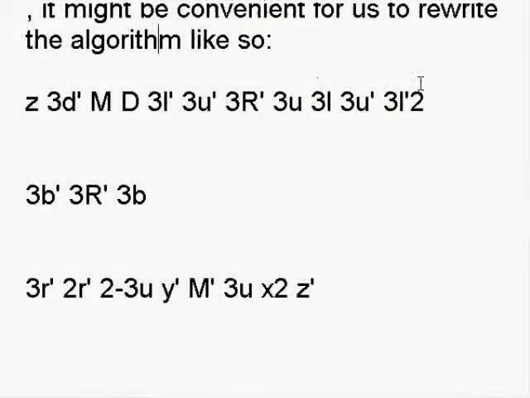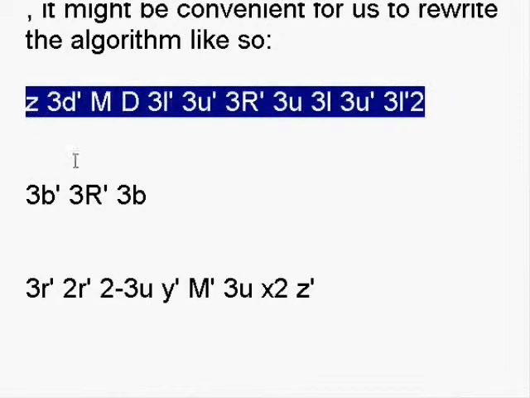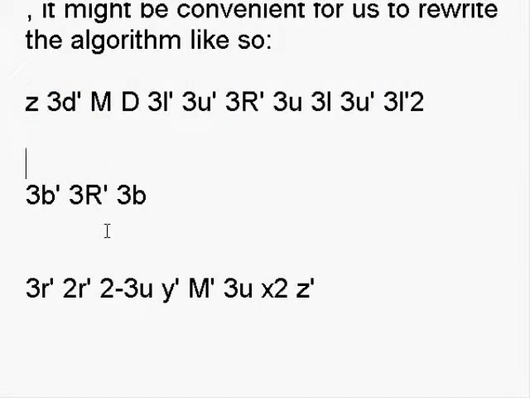We're taking all the moves that are before that and writing them on one line, adding a few spaces, and then putting a couple spaces after this piece with the rest of the algorithm. Because what we're going to do is insert a move here and undo it here.